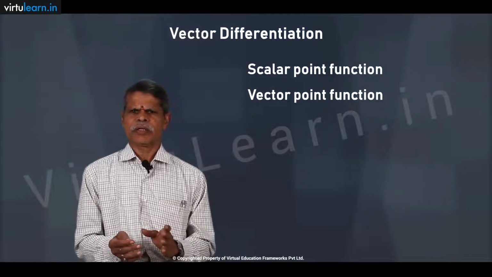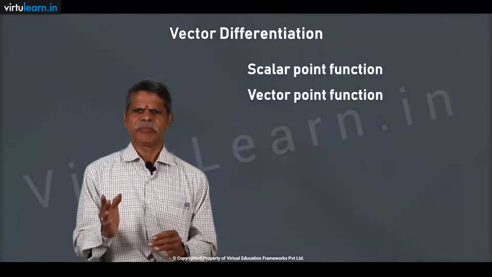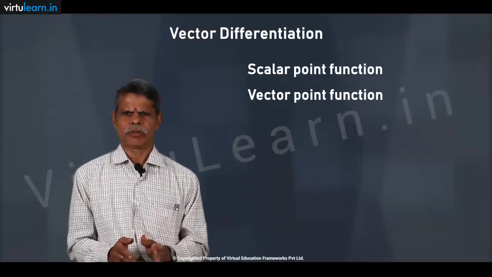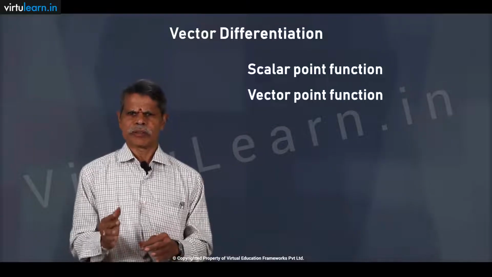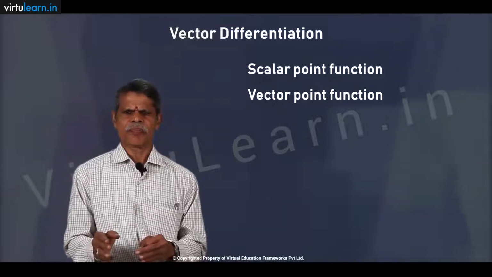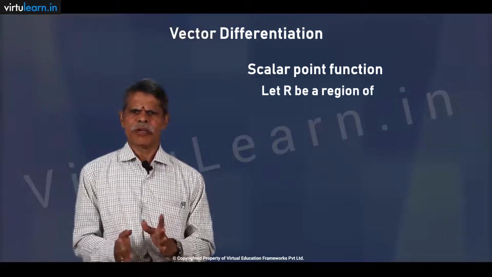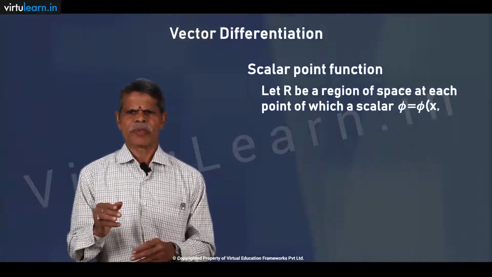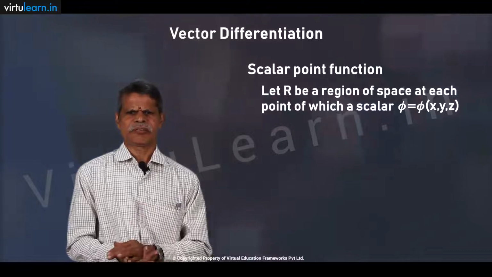Or if you consider water in which some material is mixed, if it is changing from position to position, you can think of the density or the concentration of the material as a scalar function of the position. A scalar point function is denoted by phi, a function of x y z, or f, a function of x y z.